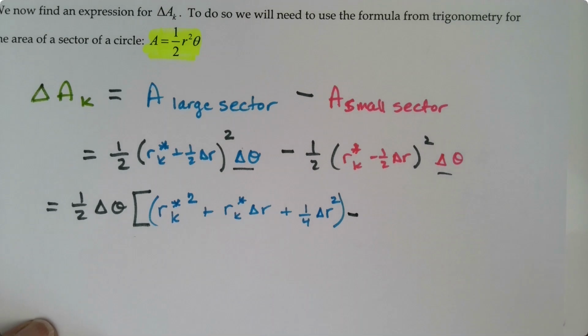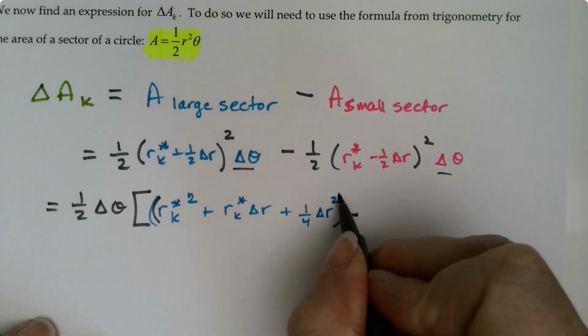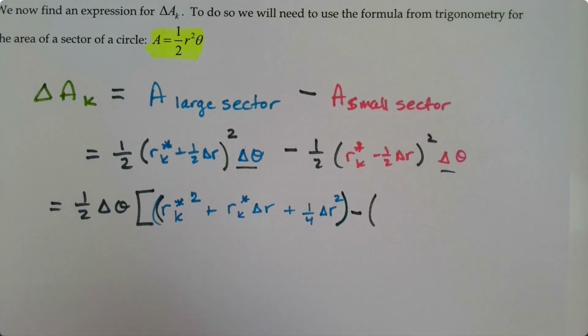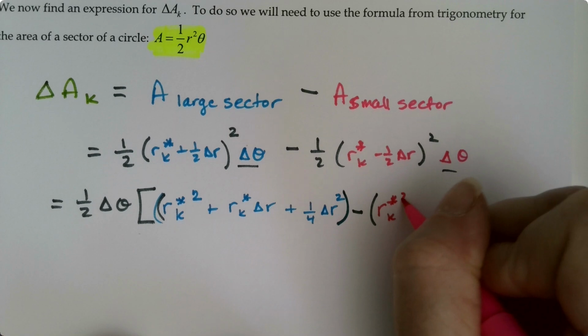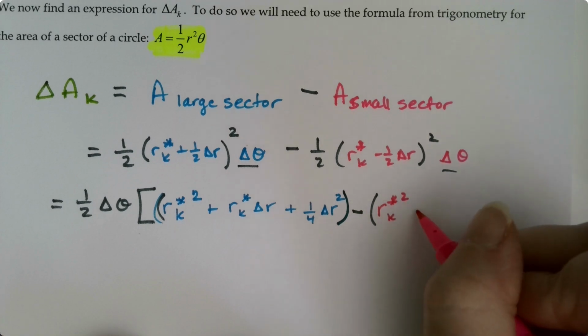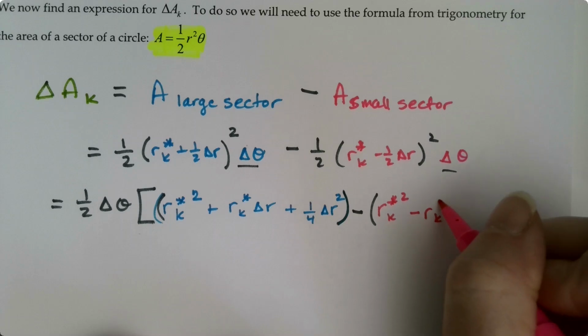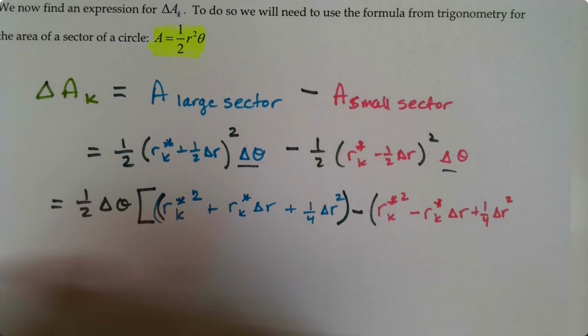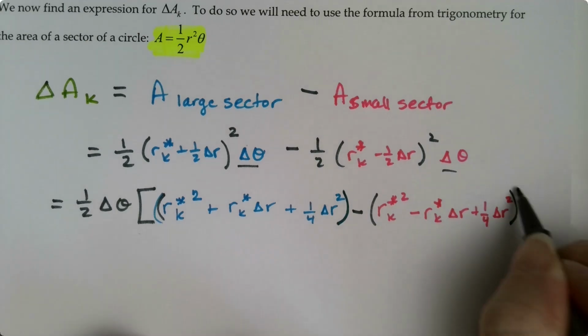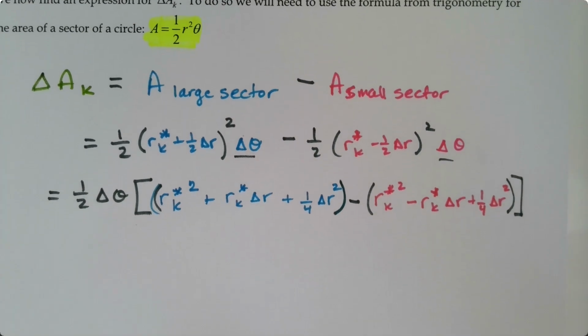Minus, I need the next piece FOILed. It's going to be r sub k star squared again, minus r sub k star delta r, plus 1/4 delta r squared again, like that, right?